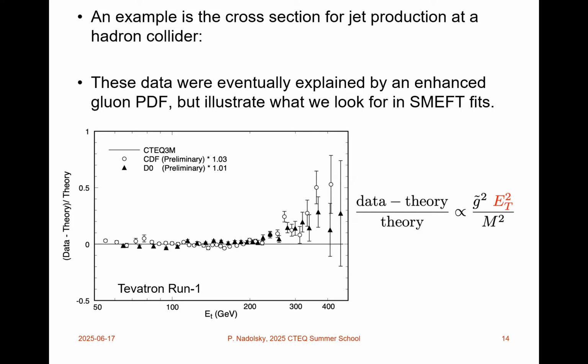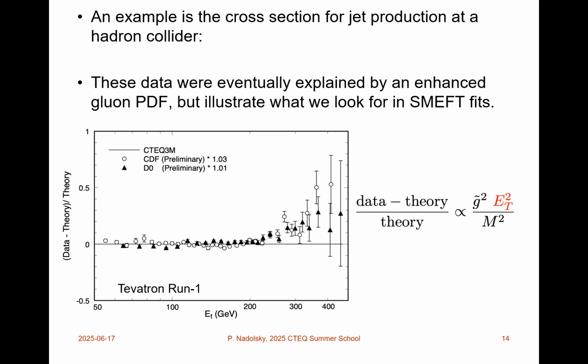Now, there was excitement for a while that the Tevatron was seeing evidence of deviations from the standard model. But what happened was that it turned out the gluon PDF was not well-defined, even though people thought that it was. At that time, people did not estimate uncertainties on PDFs.